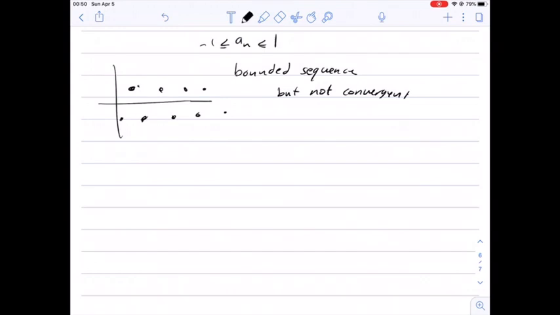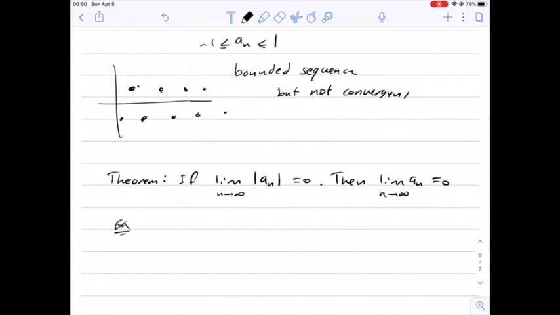Now back to limits and some theorems on limits. If the limit of the absolute value of a sub n as n goes to infinity is equal to 0, then as a result the limit of the original sequence is equal to 0.